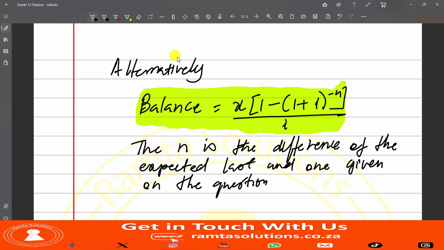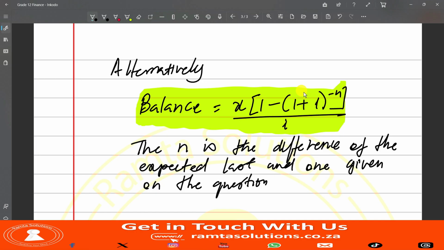Remember, the question says calculate the balance owing after the 30th month. So you say, okay, normally you're supposed to make 230 installments. Then the balance would be 230 minus 30.